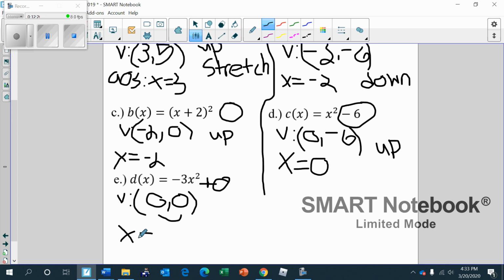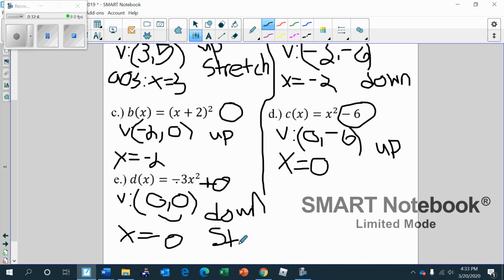Our x equals 0 is our axis of symmetry. And which way does it open now? Because of this negative, it's going to open down. And is it a stretch or a shrink? The stretch or shrink is told by the 3, not the -3, just the 3. And we know that that's bigger than 1, so that's going to be your stretch.